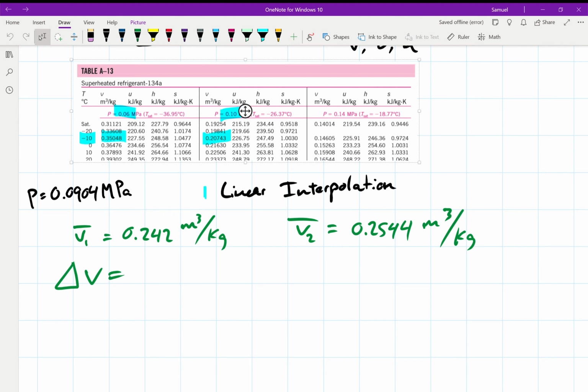But notice that these V values that I have here are specific volumes, so we will just multiply our mass across there. And when we plug all of those in, we are going to get that our change in volume is 0.0105 meters cubed. That ends part B.